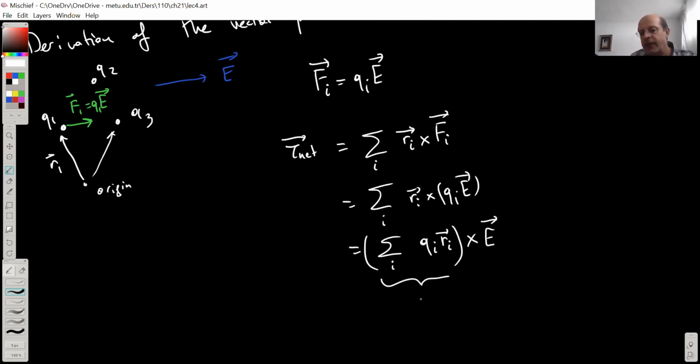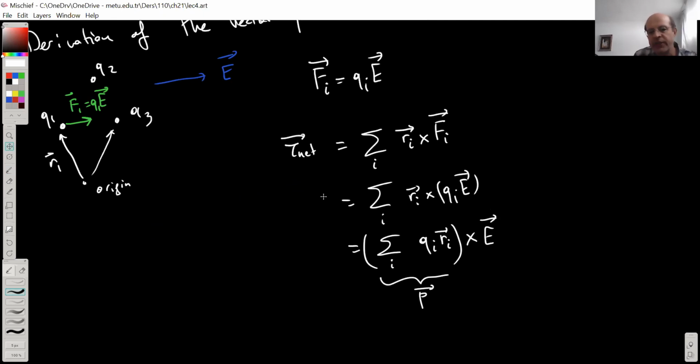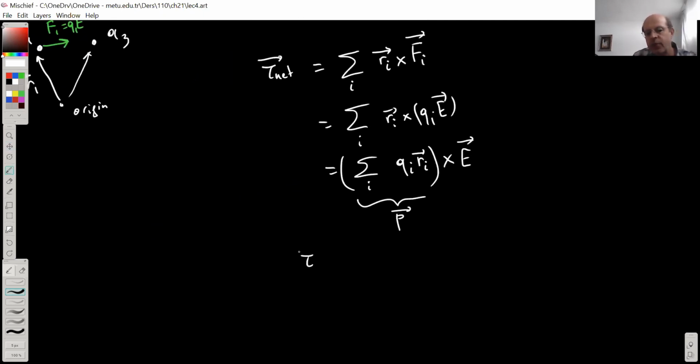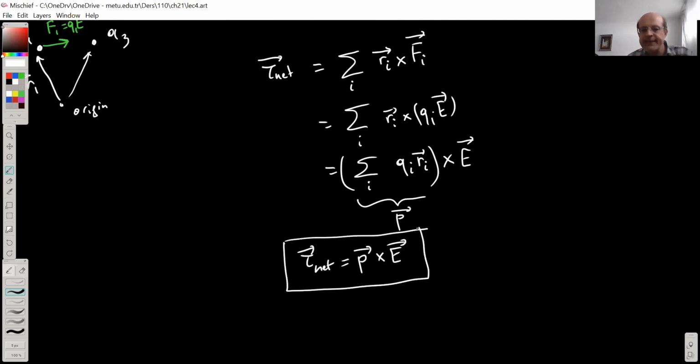But I have defined this as the dipole moment of this charge configuration. And so the net torque is equal to the cross product of the dipole moment with the electric field. This is the more formal and actually the perfect derivation. So we actually derived it for all possible dipole configurations.